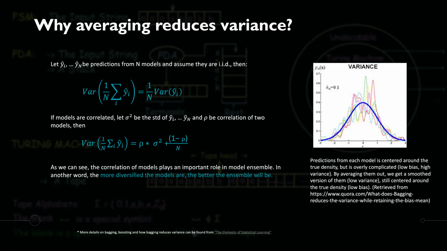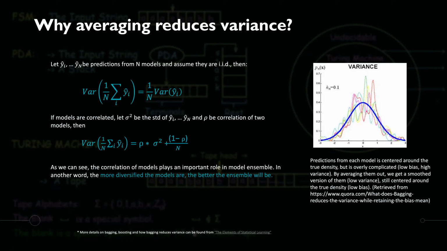Again, I don't want to confuse you guys, so if you get confused by the formula, don't worry about that. But the point I'm trying to make is that, first of all, averaging the predictions from multiple models can reduce the variance.